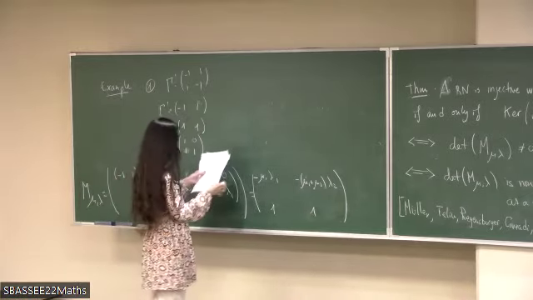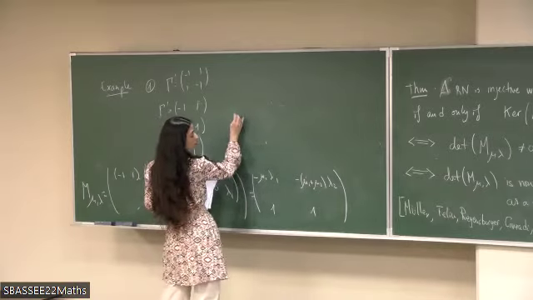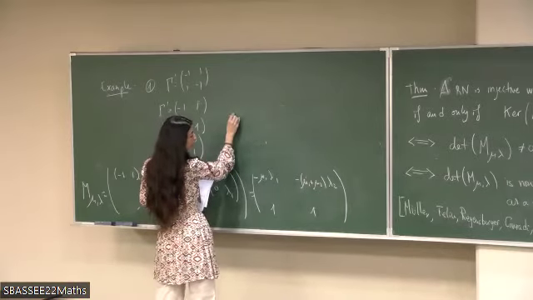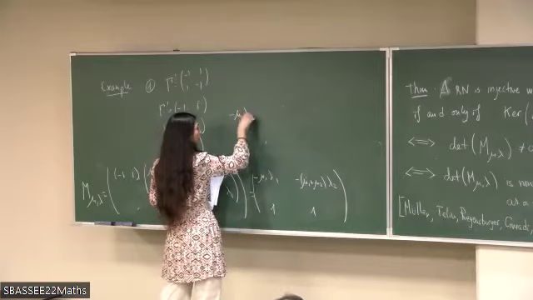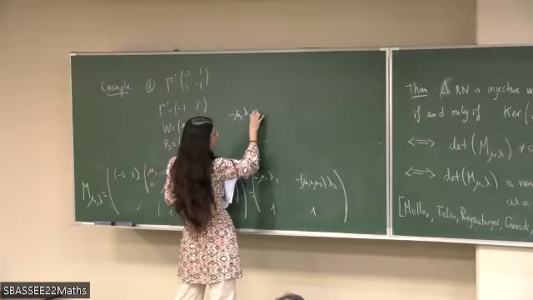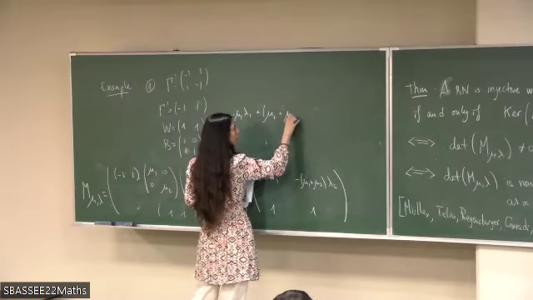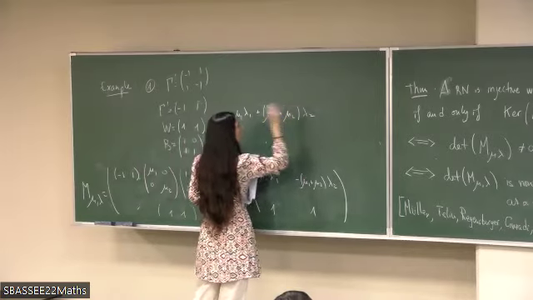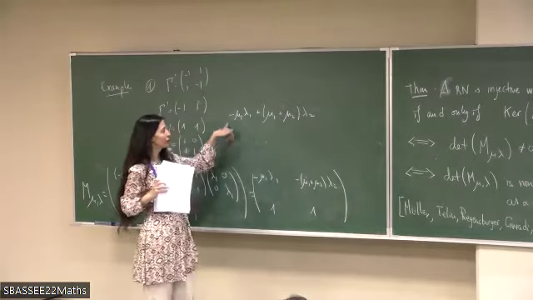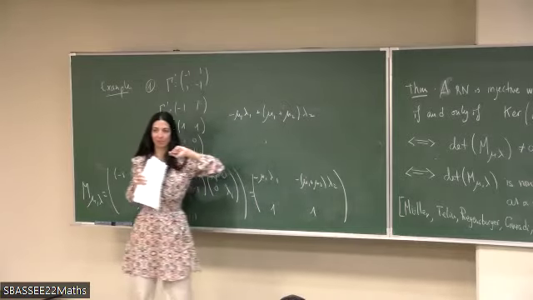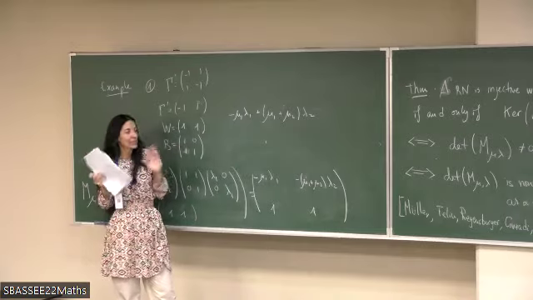And then I only want to know about this polynomial. So the determinant would be minus plus. So I have different coefficients. And I cannot say anything.